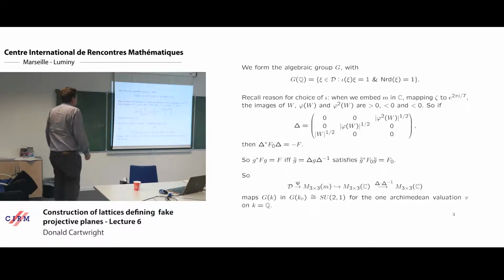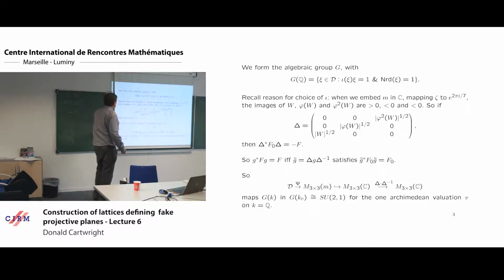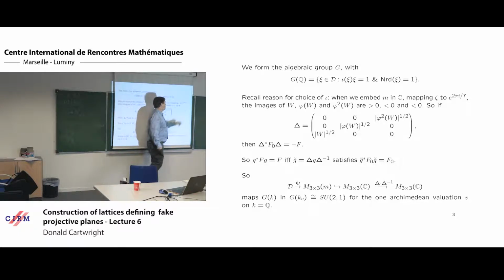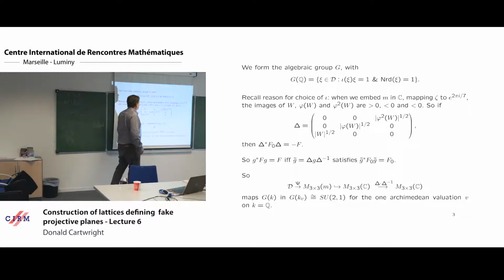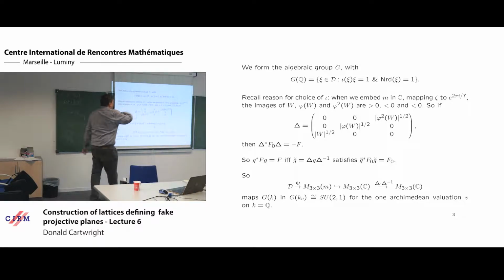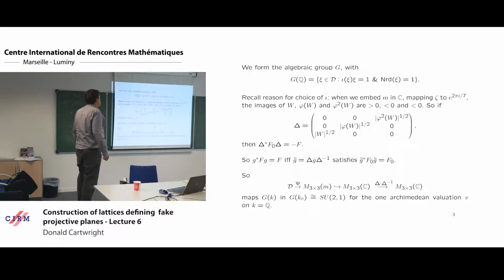And I'm saying here again why we choose to conjugate iota 0 by W. It's because when you map zeta to this complex number, these three numbers have different signs, and it would have been neater if they were positive, positive, negative, but in fact they're positive, negative, negative, and so I have to use this. Before I had a delta which was diagonal. Now it's, there's a name for that too, skew diagonal or something?